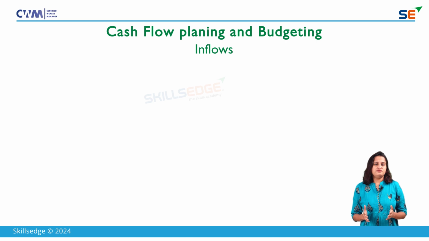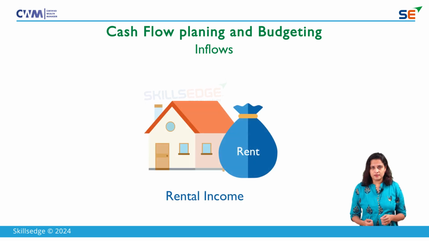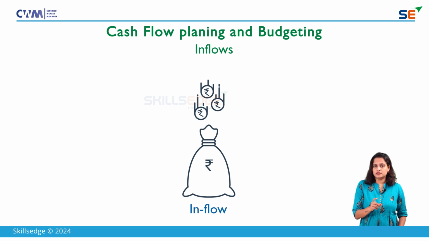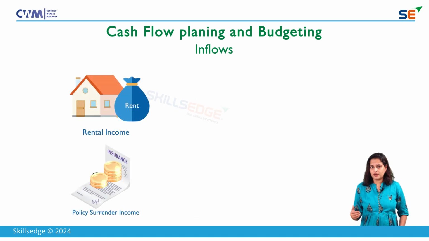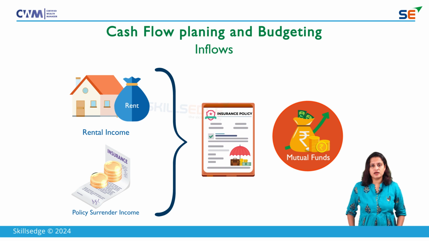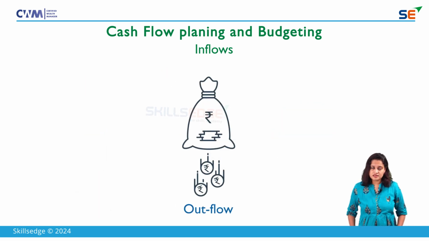If you are receiving rental income or surrender value of insurance policies, that will be considered as your inflows for that particular month or that particular quarter, and if you are reinvesting such income either to buy an insurance policy or a mutual fund, it becomes your outflow since you are reinvesting the same.